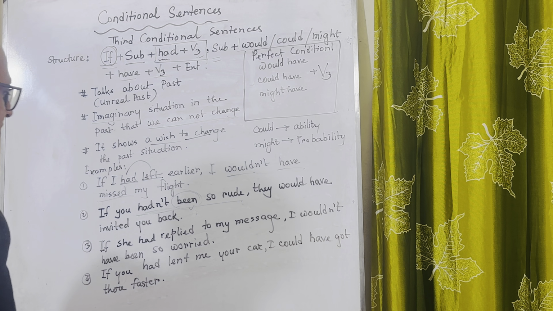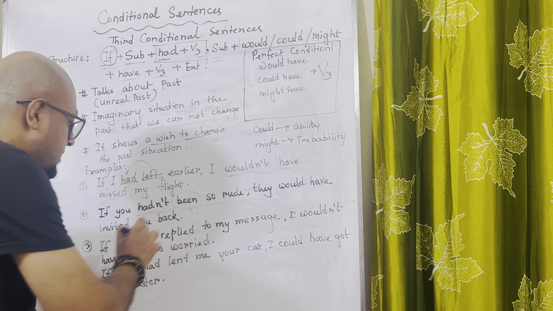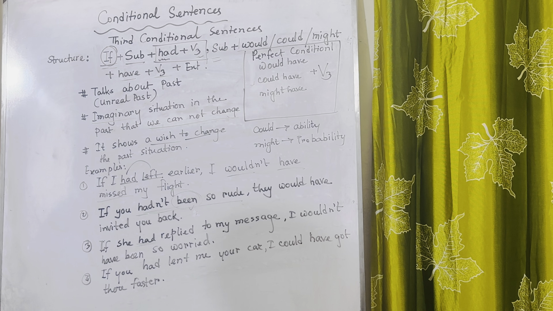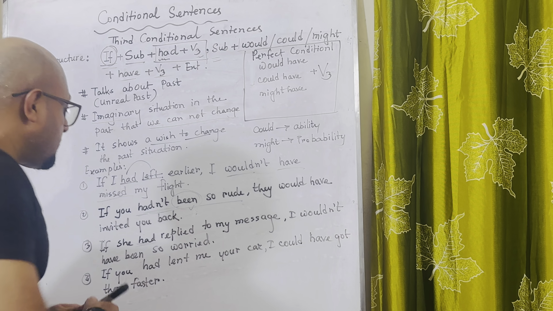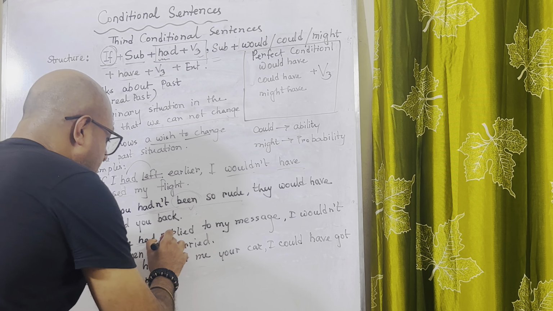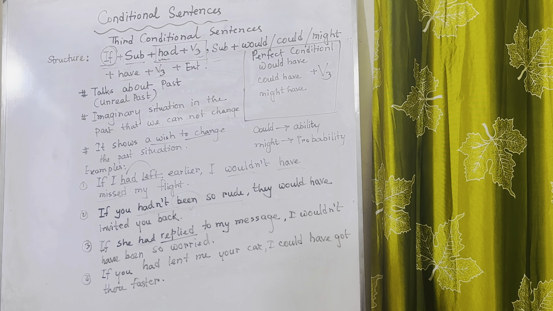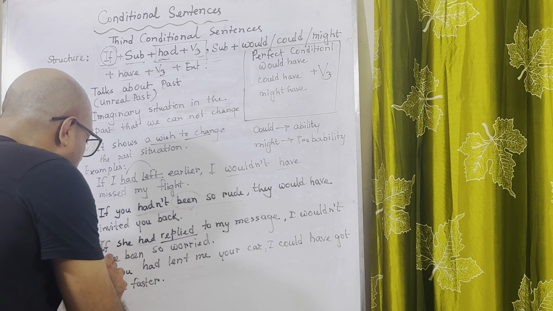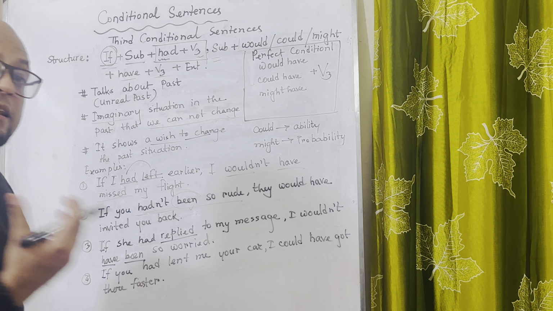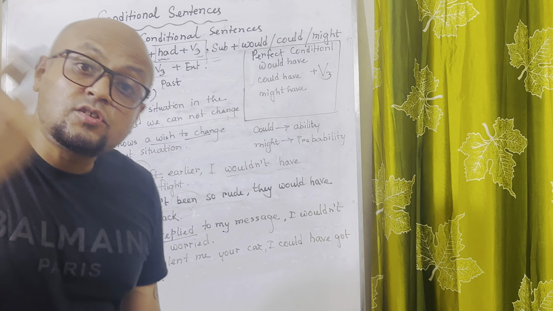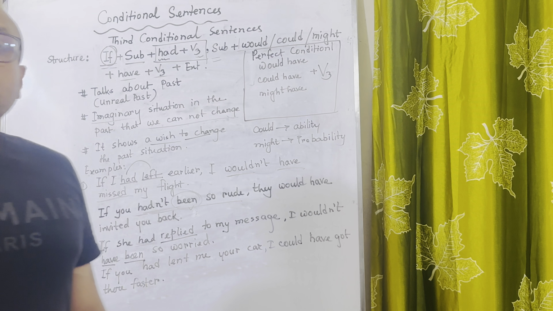And number 3, if she had replied to my message, I would not have been so worried. Here it's exactly the same thing. Had is the auxiliary verb of past perfect, followed by the V3 form, replied, and I would not have been. Would not plus have plus been, again the V3 form of the to be verb.